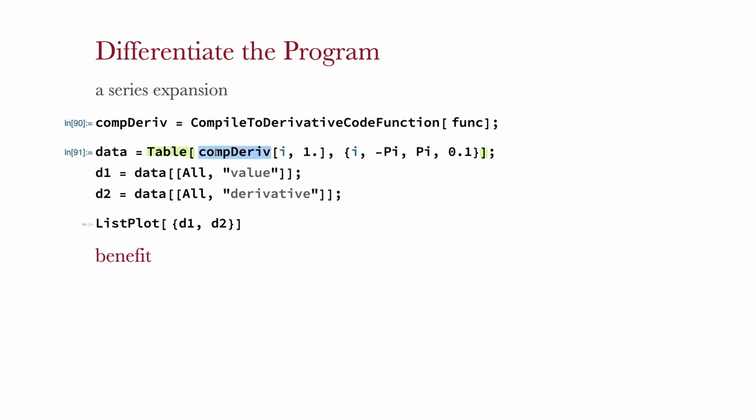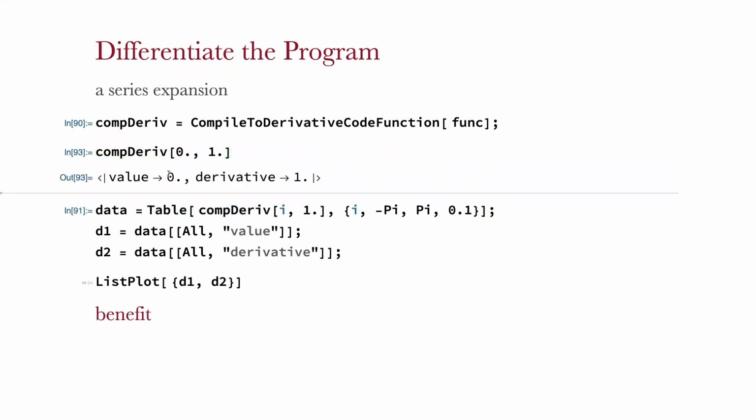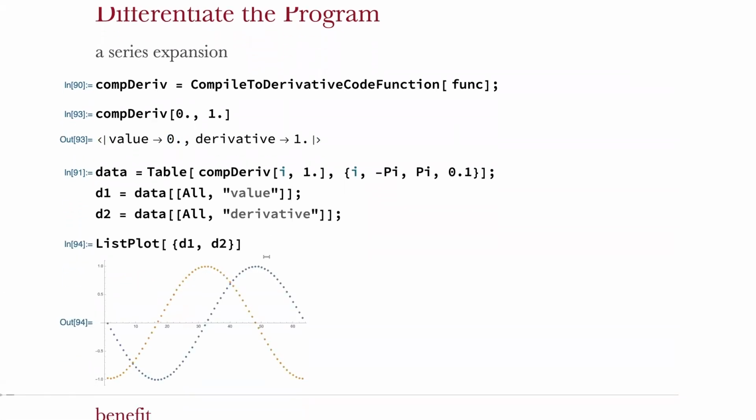Again, just FYI, the output says, if the input is 0, then the output is 1 and the derivative is 1. And so here's the differentiated result. So this is actually from a purely elementary thing. It's able to generate the differential quite effectively.